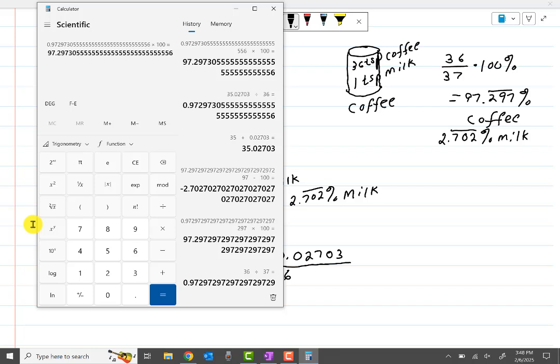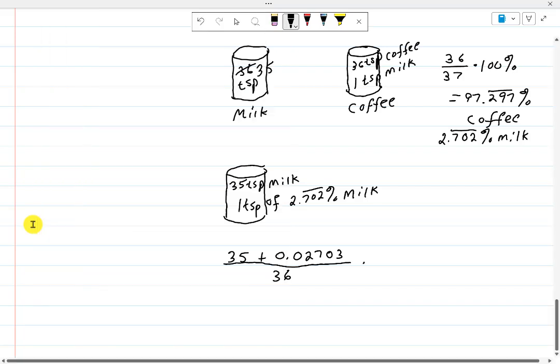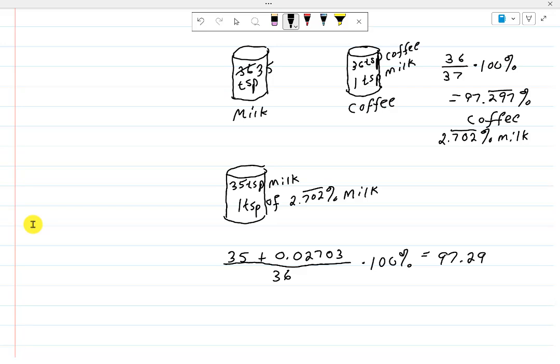And I'm going to do the same thing roughly, 97.2973. So that's the percentage of milk.